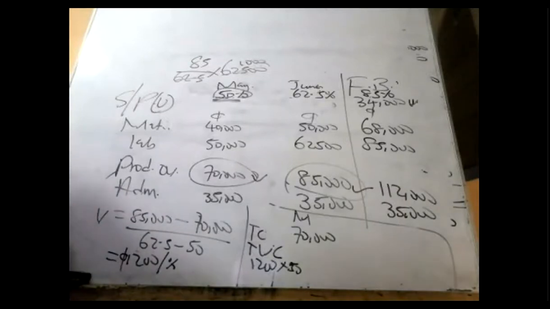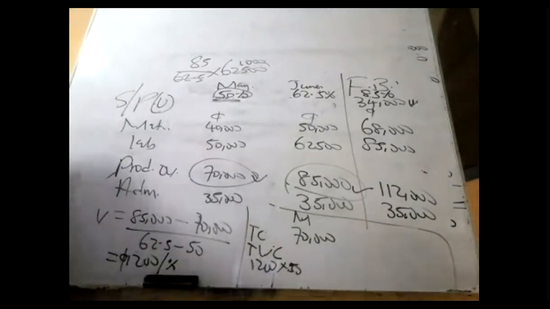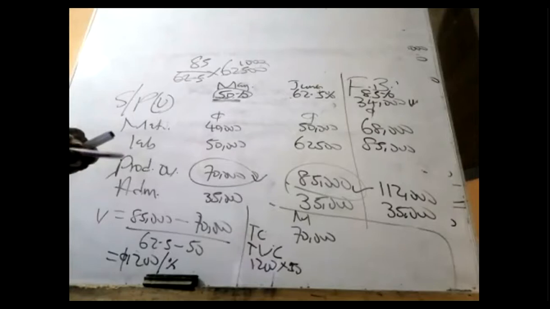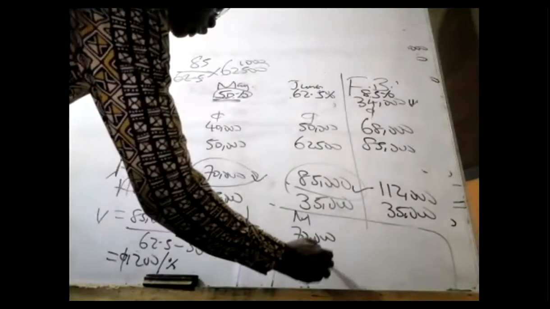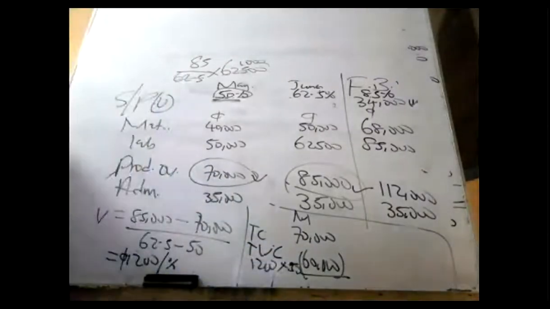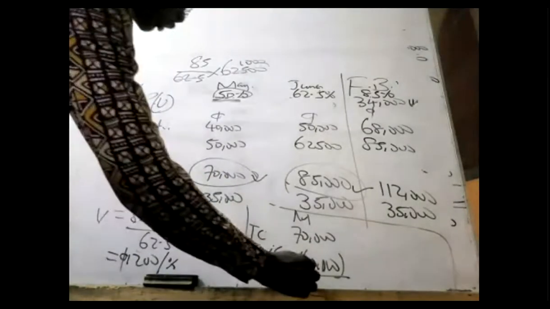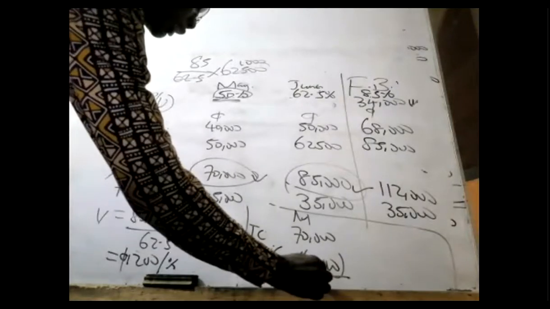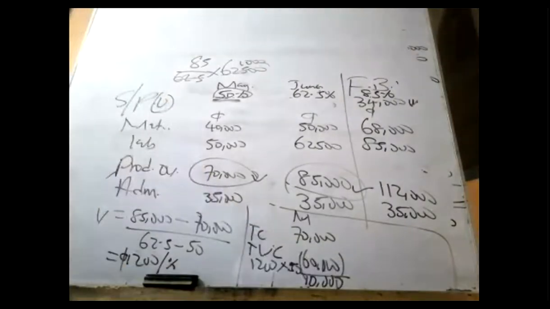How many get it? Okay. So the total variable cost gives us 1,200 times 50, which is 60,000. When I take it off, I'm getting 10,000 cedis. That's the fixed cost.